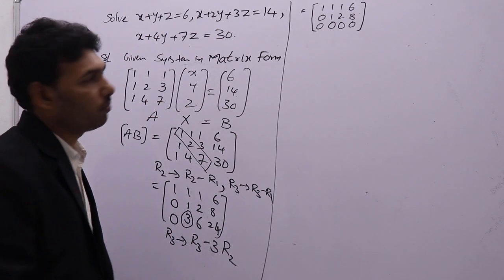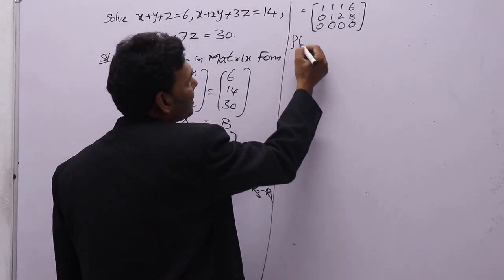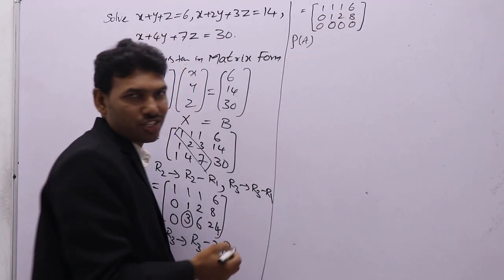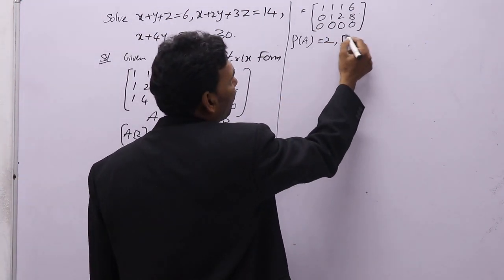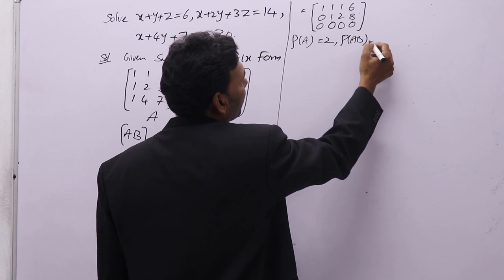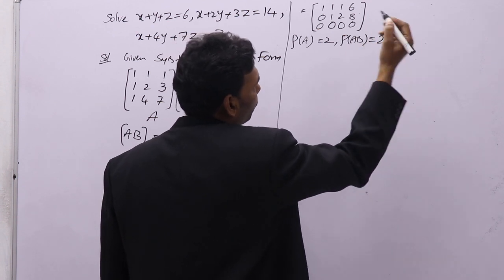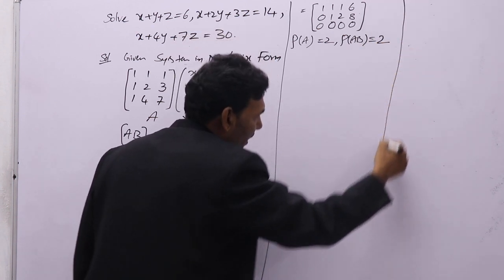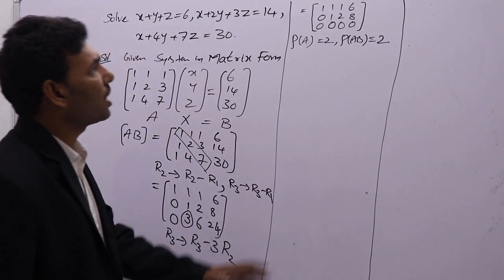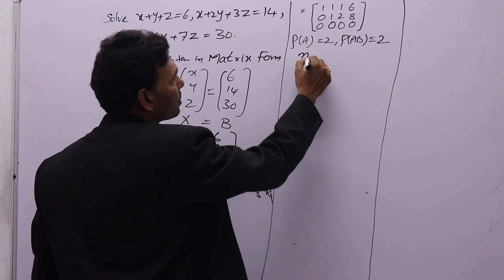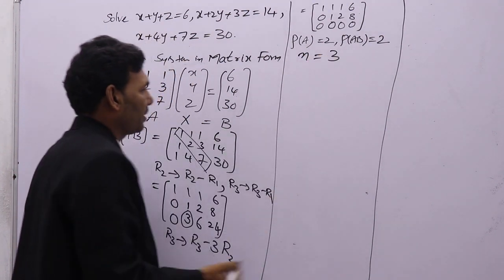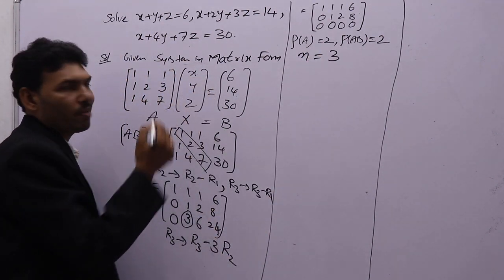Like the previous problem, the rank of A, ignoring the last column, the number of non-zero rows is 2. Rank of AB, the number of non-zero rows is 2. So now what happens? The number of non-zero rows is 2, but the number of unknowns is 3. You get the number of unknowns from the X matrix.